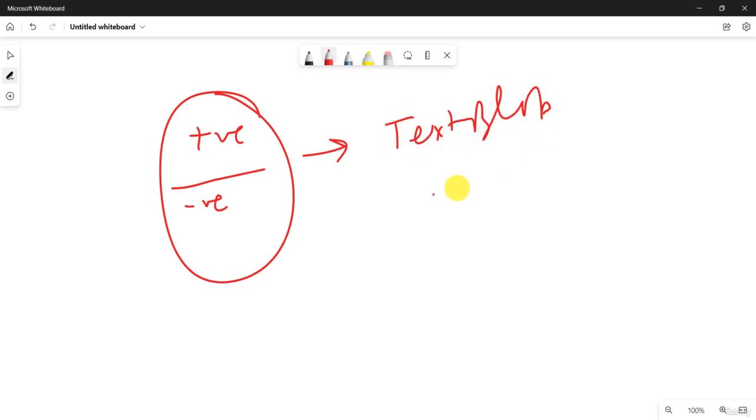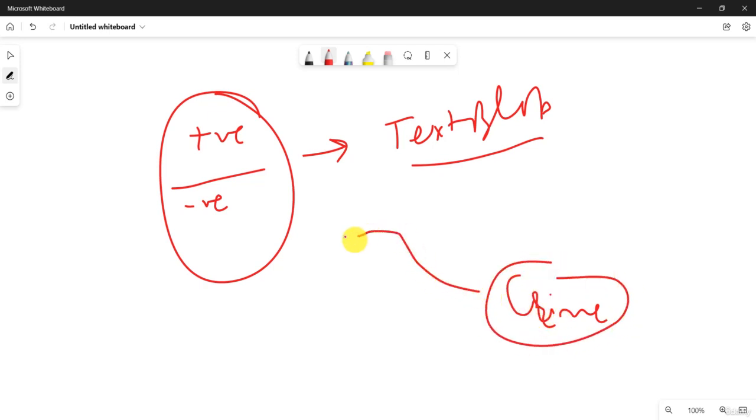Now if I have a new word, let's say the word is crime, and I need to find its sentiment, whether it is a positive or a negative word, then the word will be compared with the words that have been defined inside.